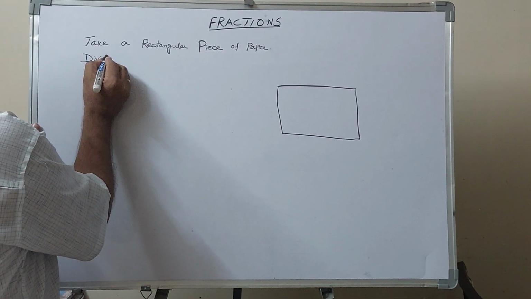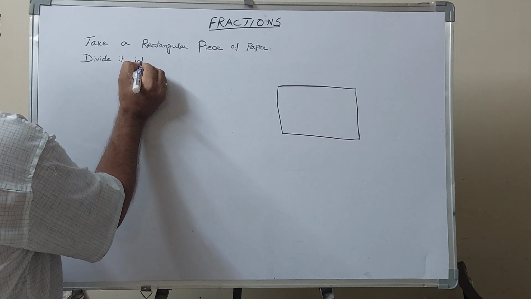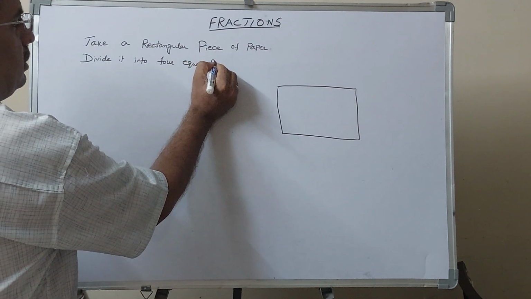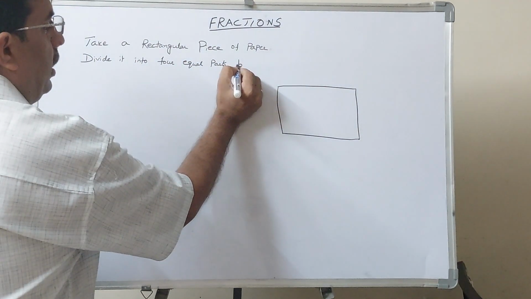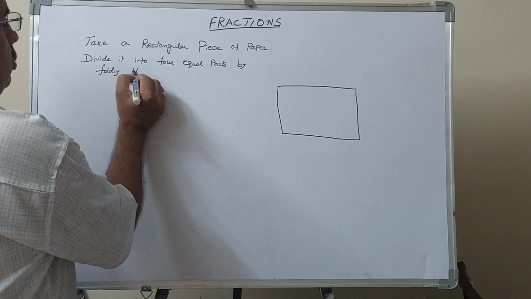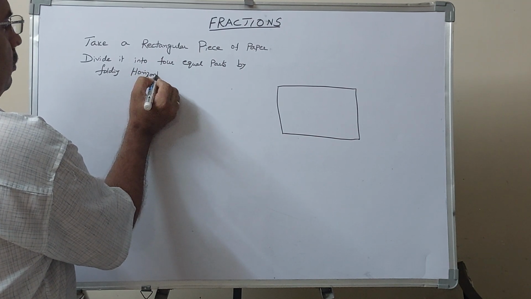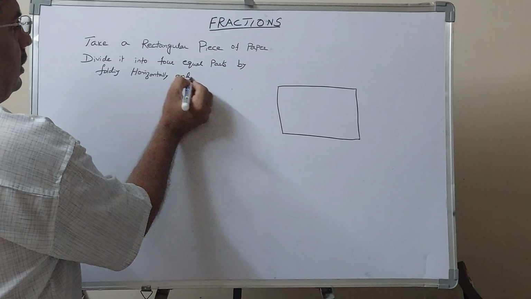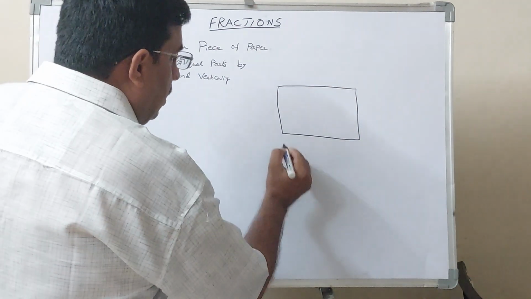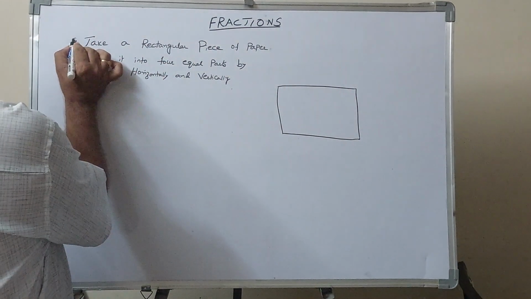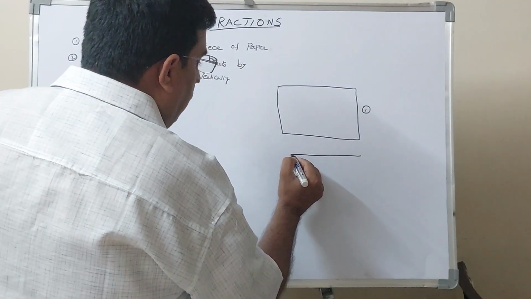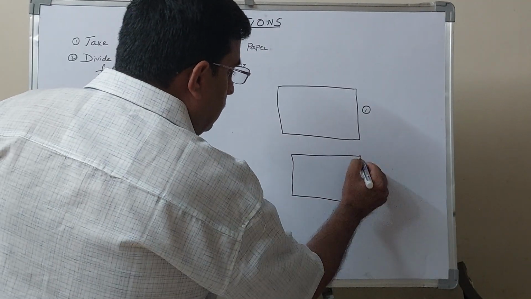Divide it into four equal parts by folding it horizontally and vertically.